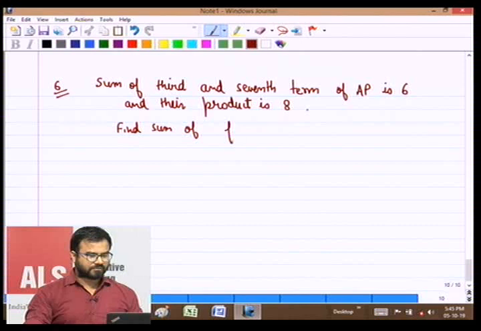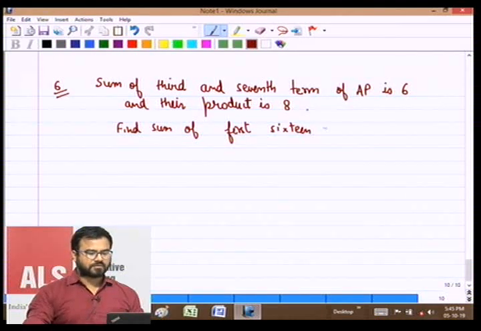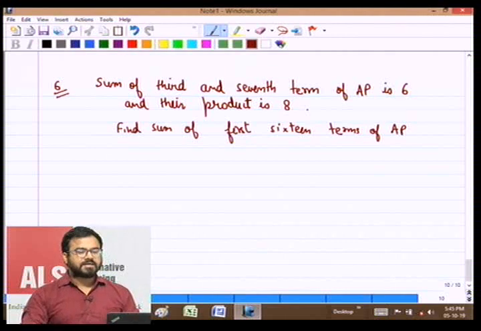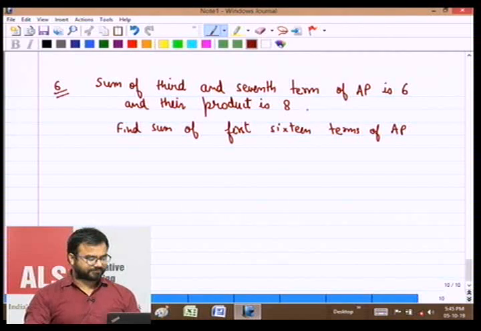Find the sum of the first 16 terms of the AP. Sum of the third and the seventh term is 6 and their product is 8. Find the sum of the first 16 terms of the AP.